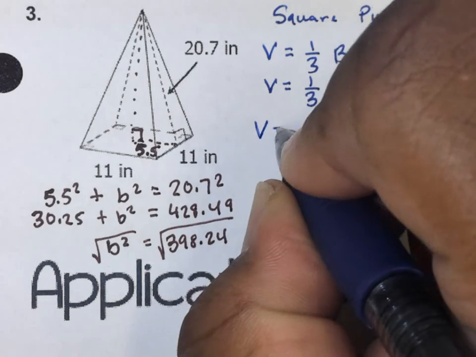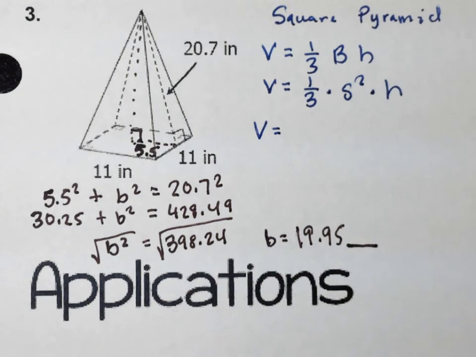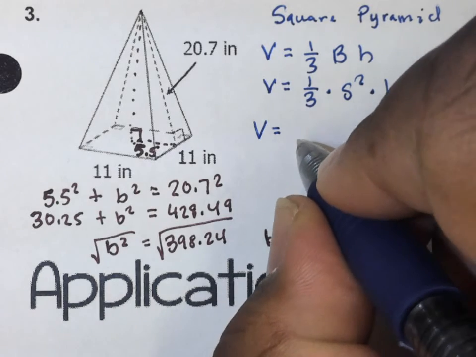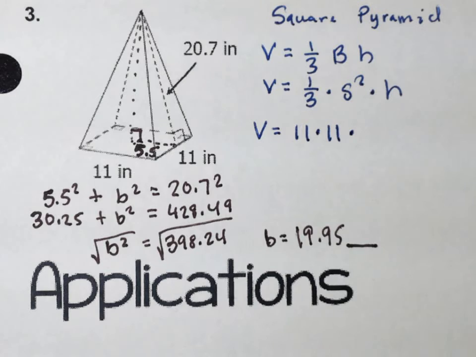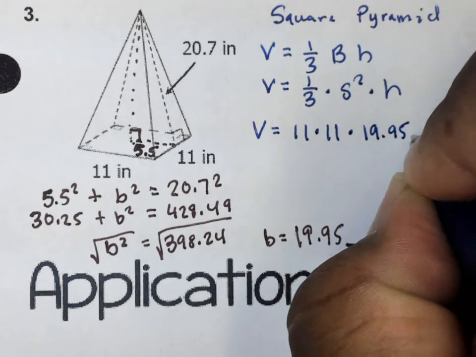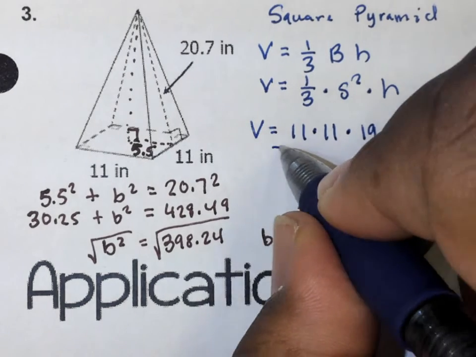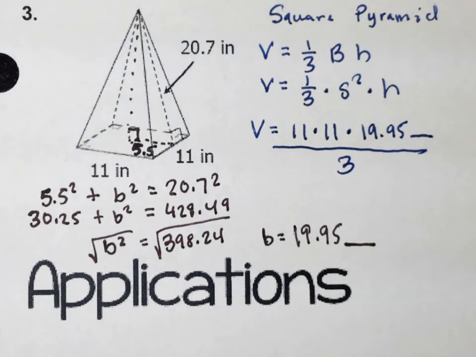So volume equals, the 1/3 is going to the bottom as a divided by 3. So 11 times 11 times the height, which we just found is 19.95 long decimal. So 19.95 with a long decimal at the end, divided by 3. So in your calculator, you should still have the 19.95 whatever.